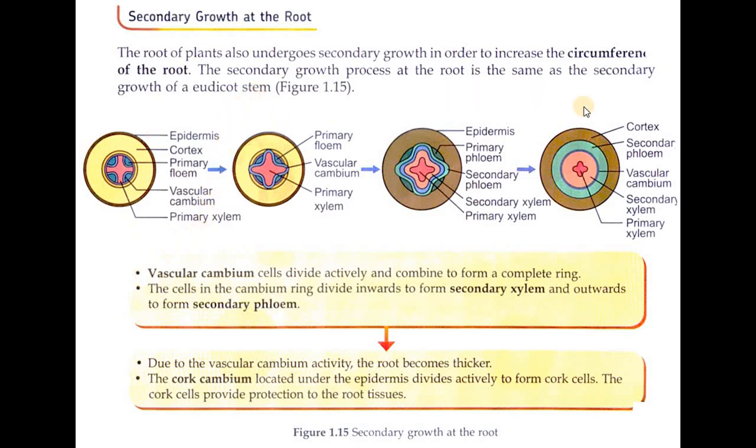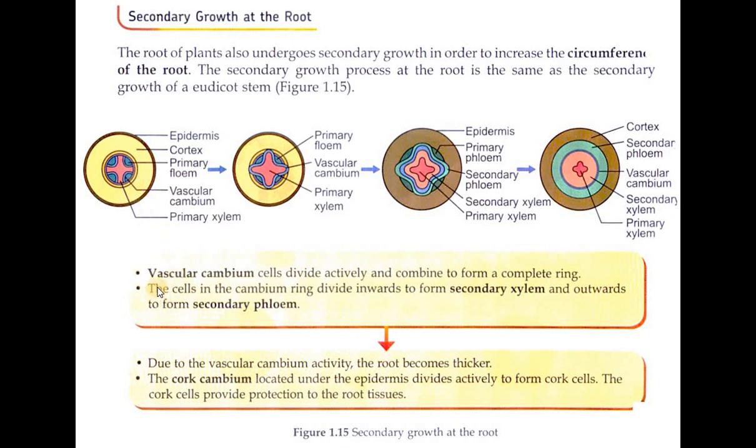This is the structure of secondary growth in the root. Here is the epidermis, then the cortex, and in the center the pink region is the primary xylem. The blue region is the primary phloem. In between is the vascular cambium.